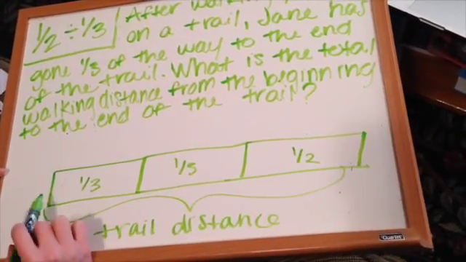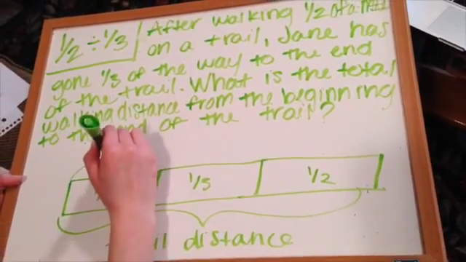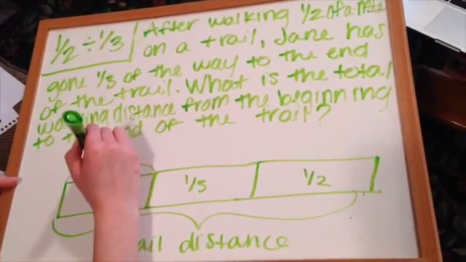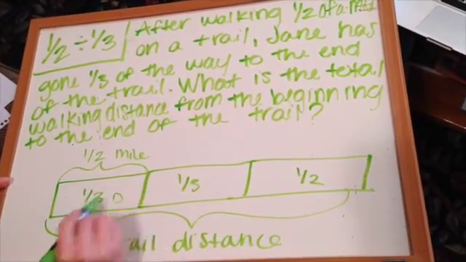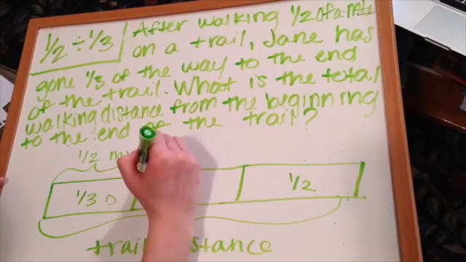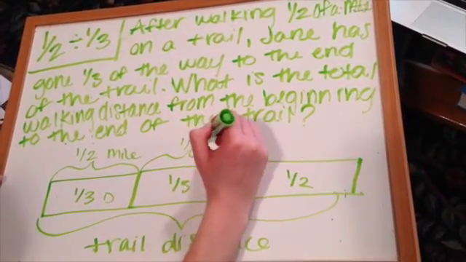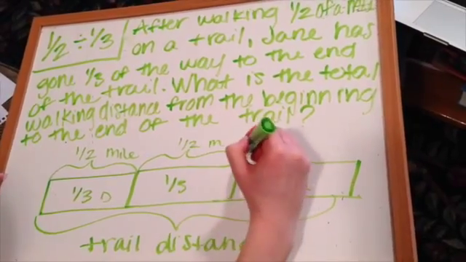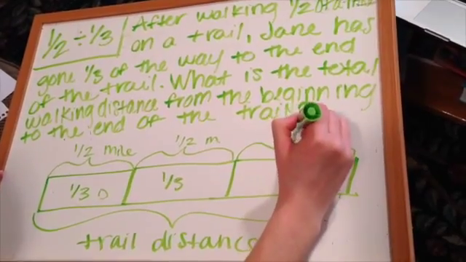And once Jane has walked half a mile, she has completed a third of the trail. So this is distance. And then she'll walk another half for another third. And so on till she gets to the end.